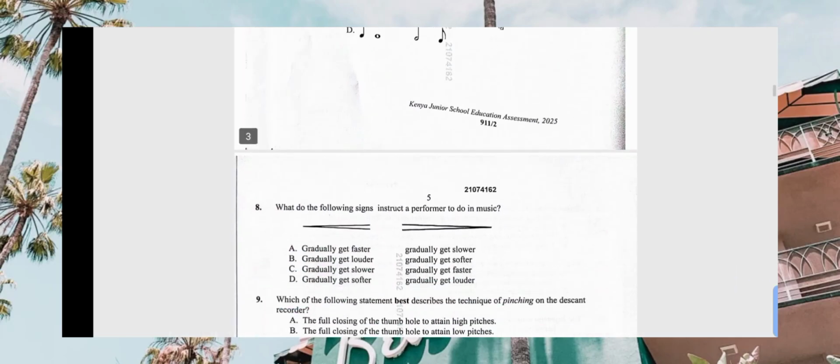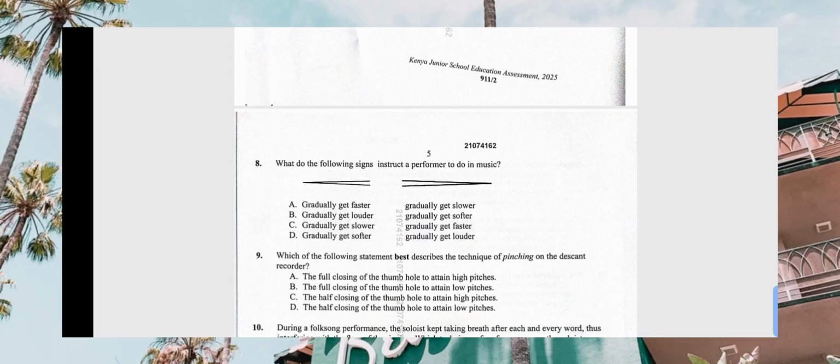Number 8. What do the following signs instruct a performer to do in music? When you look at these signs, one of them is diminuendo, which is also decrescendo, and another one is crescendo. Crescendo means gradually increase in voice, then decrescendo, gradually decrease in voice. Where the arrows join, the voice is very low.